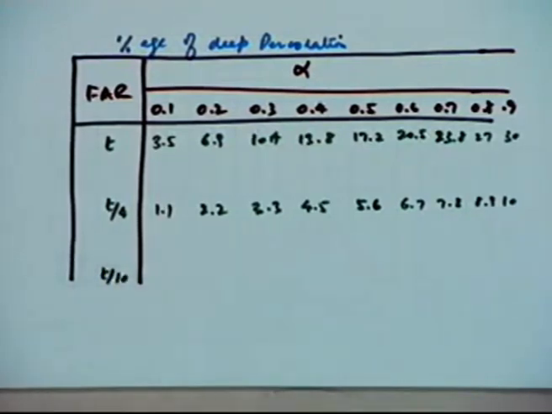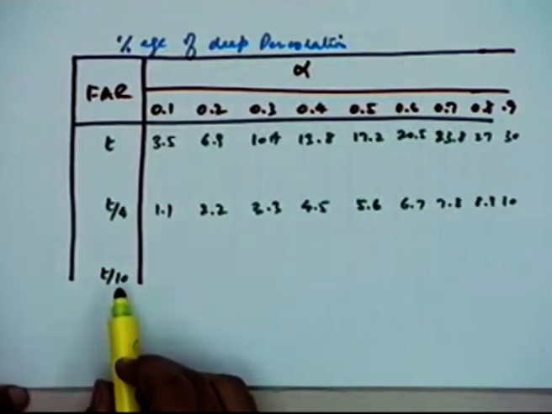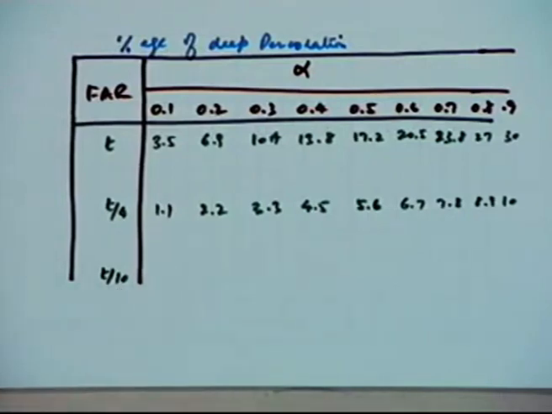Let's take the other extreme of T by 10. That means you are flooding the total length in a very short period. That's where the FAR ratio is T by 10.